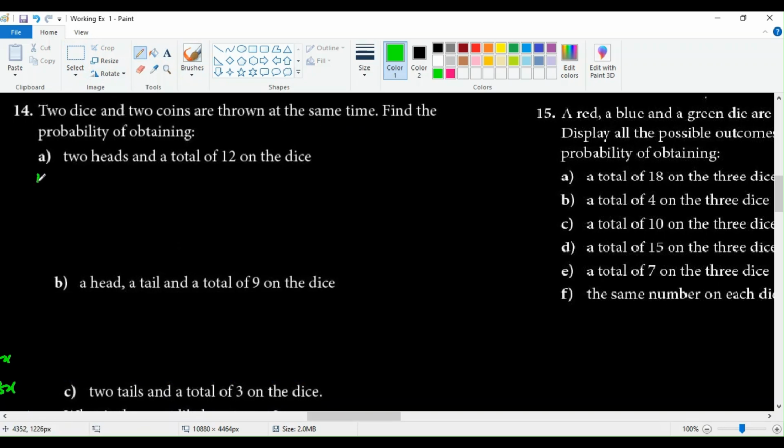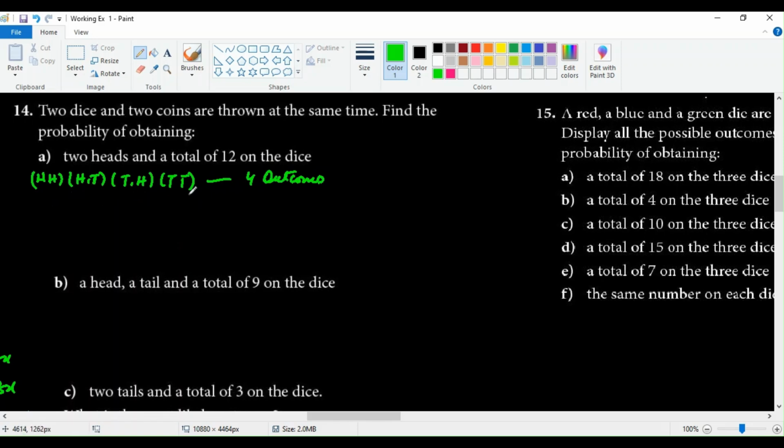First is head head, and then comes head tail, then comes tail head, and then comes tail tail. So, there are four possible outcomes for the coins, and we have two dice and two coins.